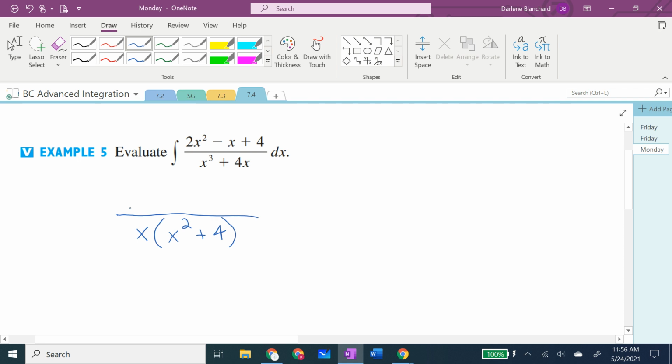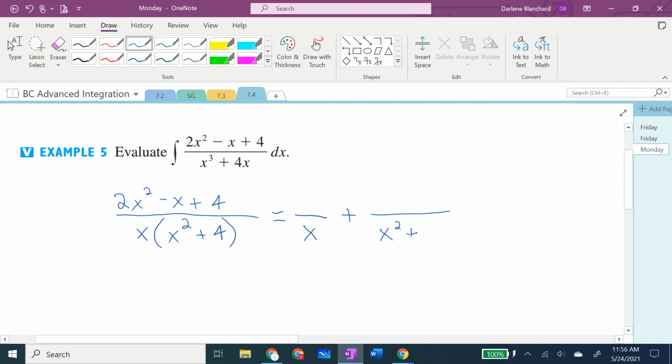So, do you know how you are going to prepare and set up for fraction decomposition? You have a linear factor and you have a quadratic factor for your denominator.